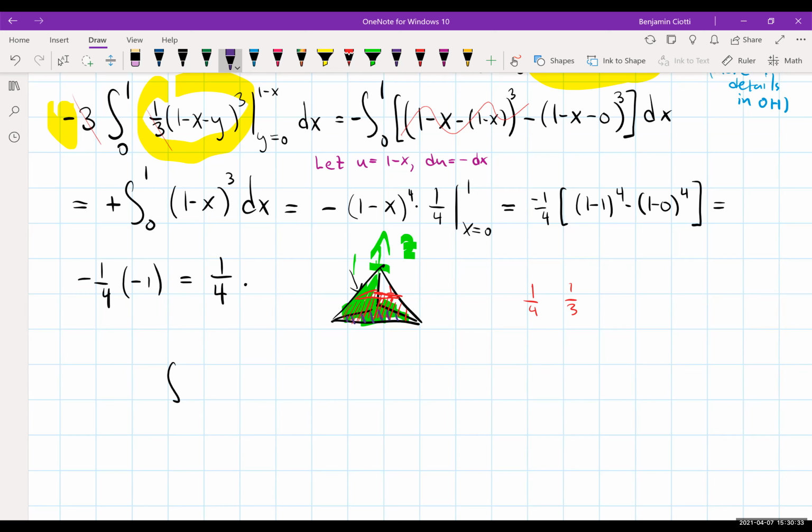The area of the base is just 1/2, since it's a right triangle, and the volume is 1/6. Using 1/6 divided by 1/2, we get 1/3.